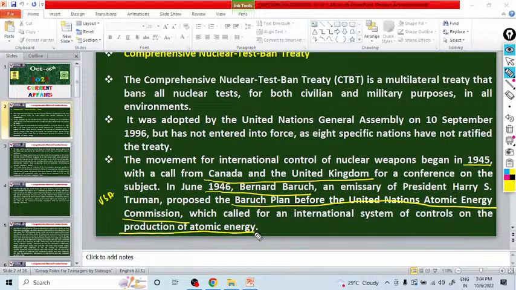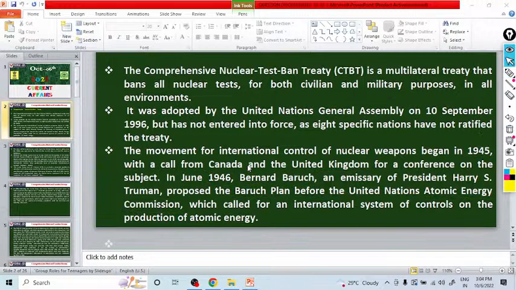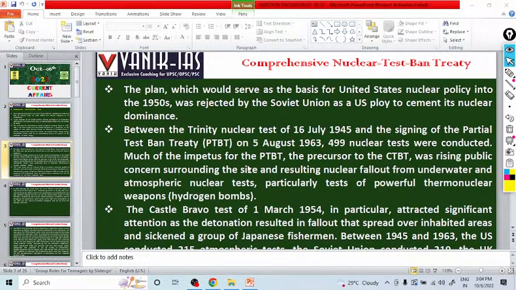This Baruch Plan, advanced by Truman's emissary Bernard Baruch in 1946, aims to control the production of atomic energy. The plan, which could serve as the basis for United Nations nuclear policy, was rejected by the Soviet Union as the US sought to cement its nuclear dominance.